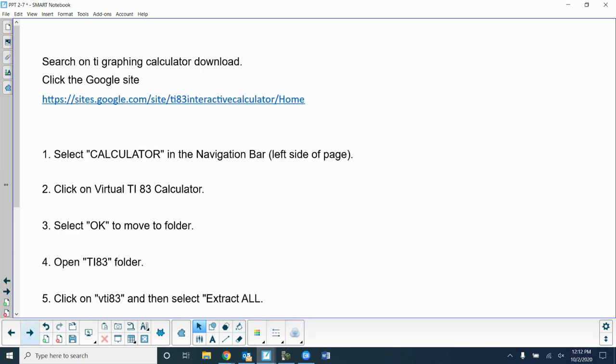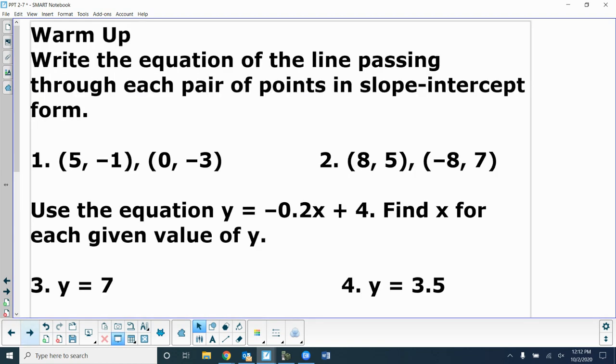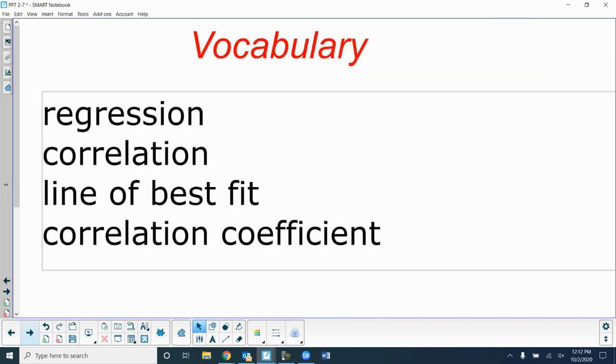We used to be able to download the calculator to our laptop, but this link doesn't work anymore, so we'll just go to the next. We've already warmed up. These are called linear regressions. We're going to talk about correlation, line of best fit, and the correlation coefficient today.